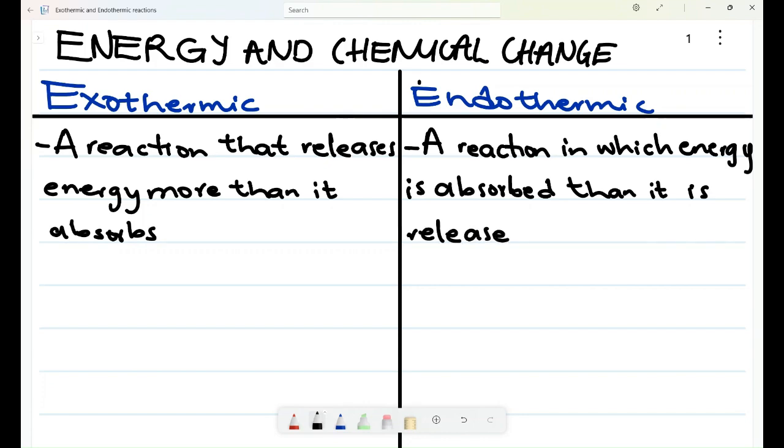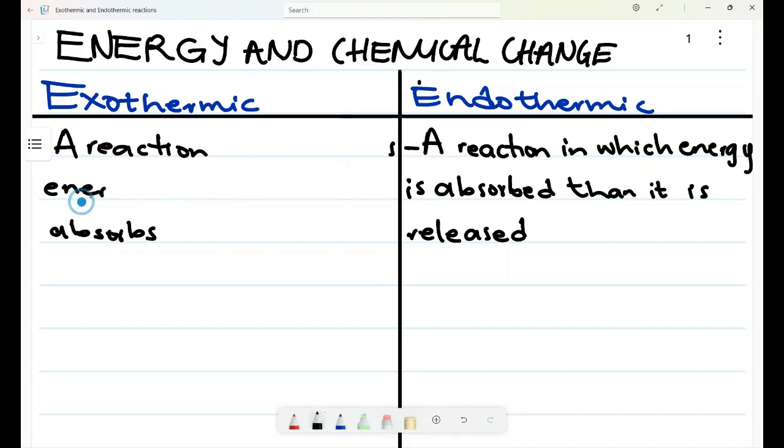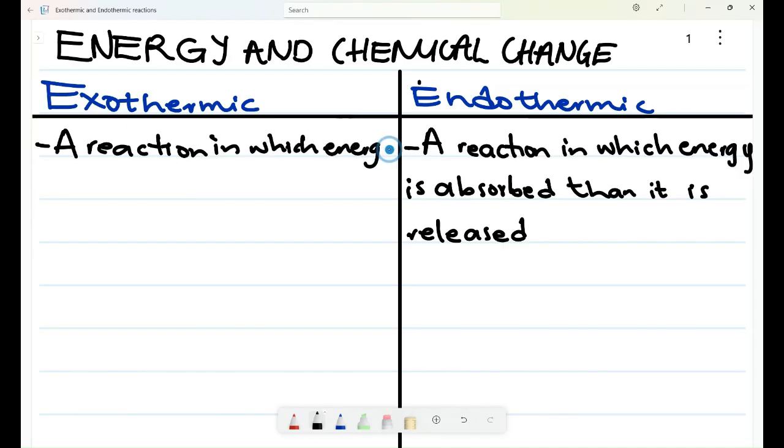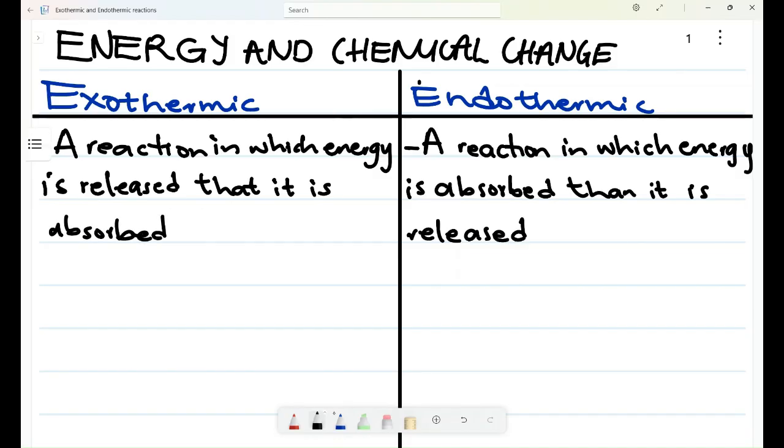Let me write a proper definition: a reaction in which energy is absorbed than it is released. So now this is a definition thereof.